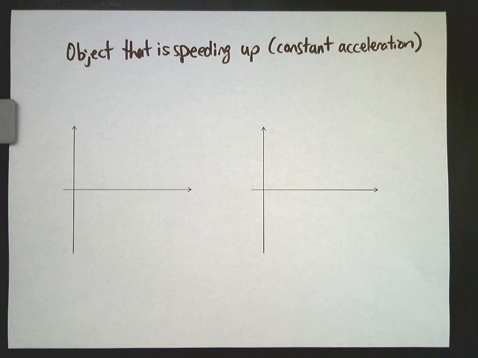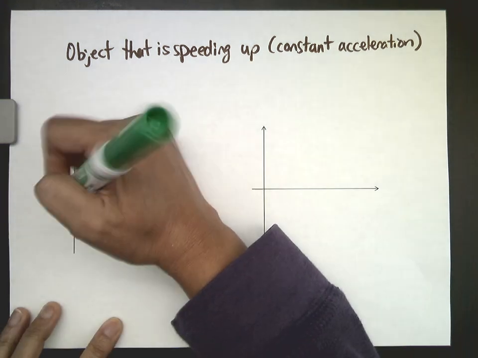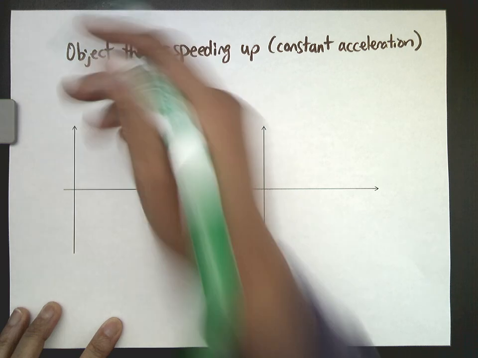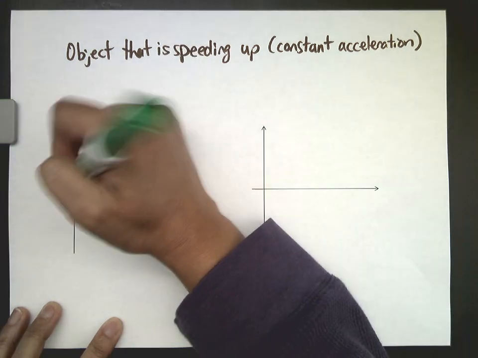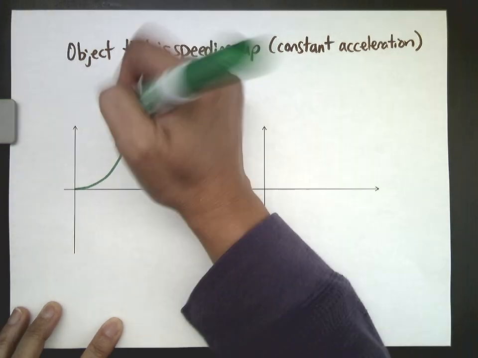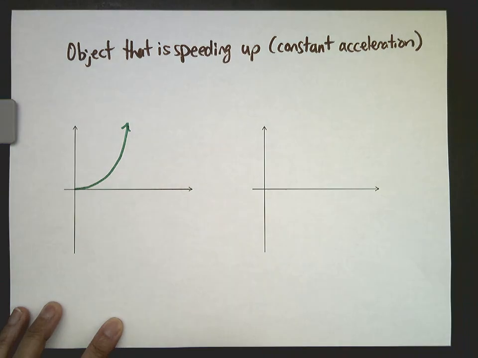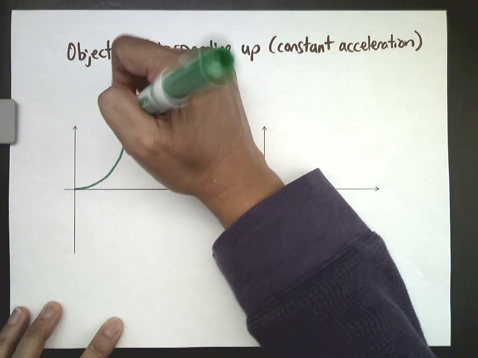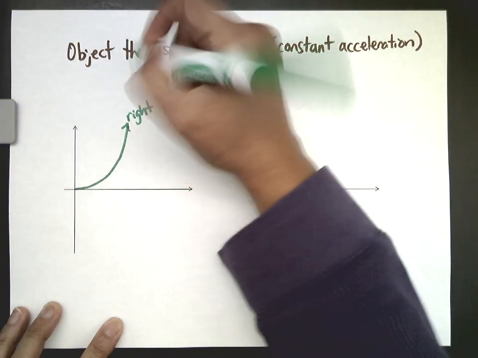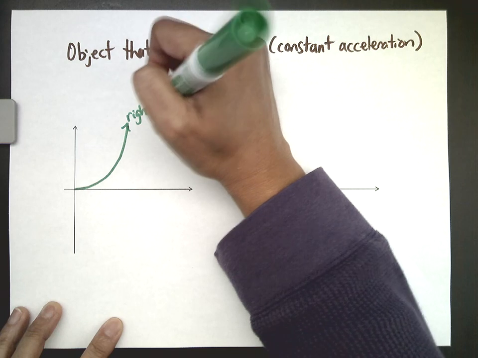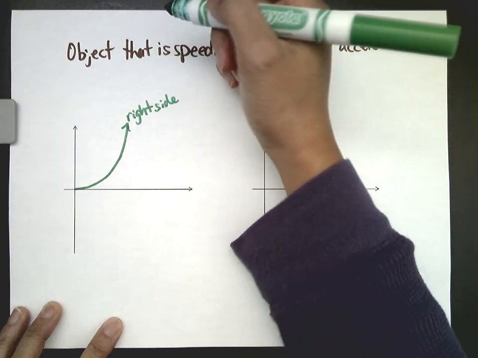All right, next we have an object that is speeding up. So an object that is speeding up, remember it's a parabola and it looks like this. And again, it doesn't matter where you start it as long as the shape is a parabola. So I'm going to start right from the origin just to make it easier. Okay, and I'm going to call this the right side, and it's of an up parabola.